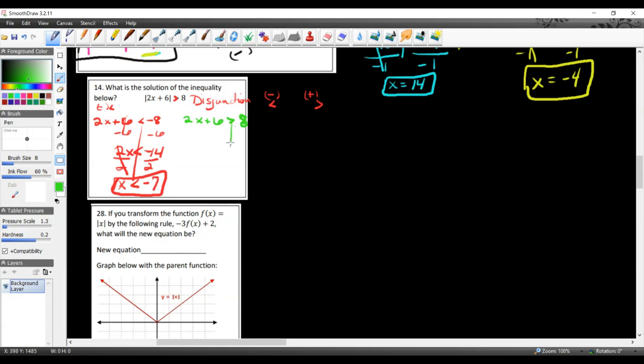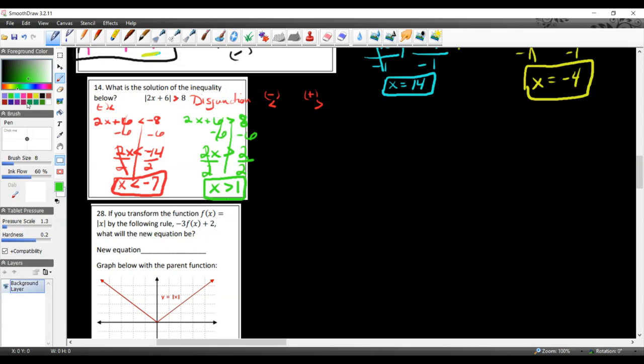The next one, we do the same way. So minus 6 minus 6, 2x is greater than 8 minus 6 is just 2. Divide both sides by 2. So x is greater than 2 divided by 2 is 1, not 0, 1.